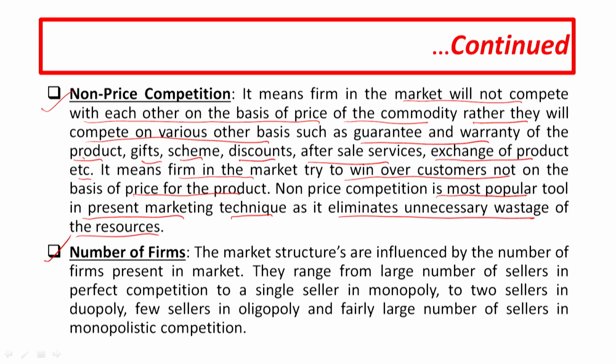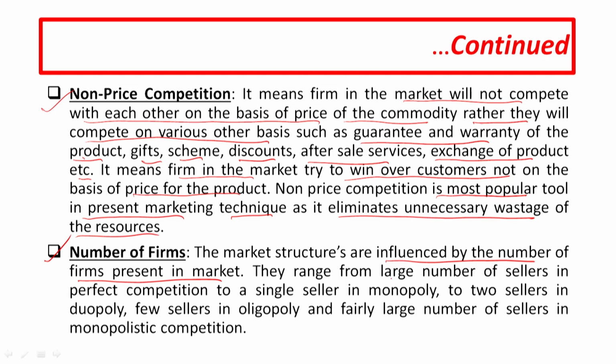The next point is the number of firms. The number of firms existing in the market plays a very important role. Market structures are influenced by the number of firms present in the market.